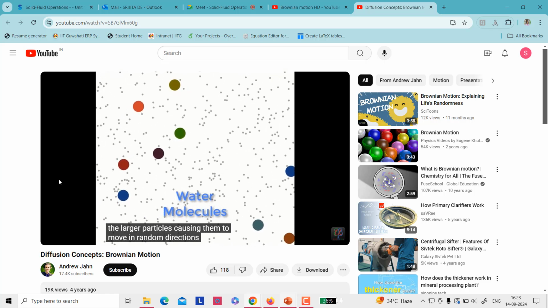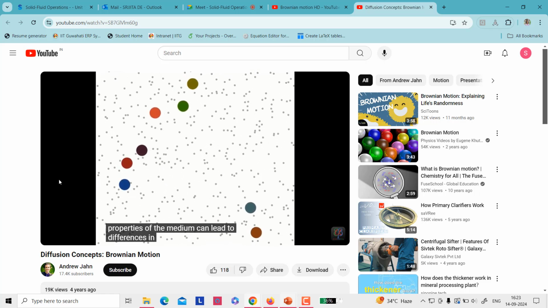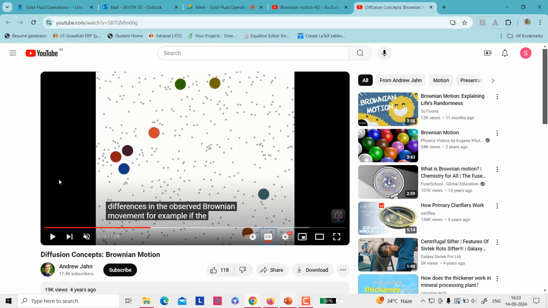Suppose these are water molecules, causing the larger particles to move in random directions. Different properties of the medium can lead to differences in observed Brownian movement.